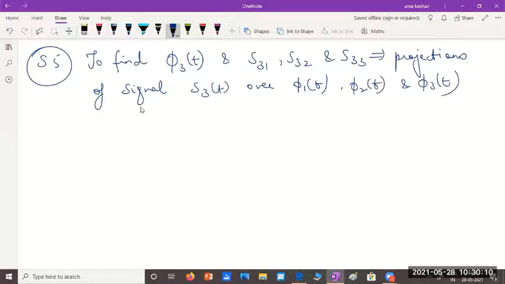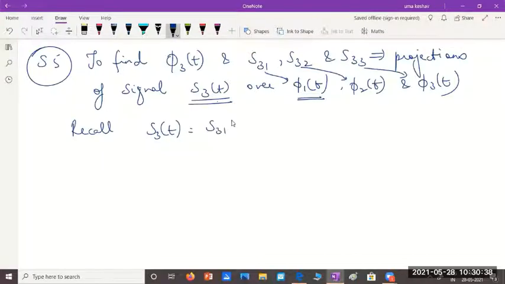So what is the projection of the signal S3 of t over the first orthonormal basis function, that is S31, S3 of t over second orthonormal basis function S32, and over the third orthonormal basis function, it is S33. So again recall what was the equation for S3 of t which we considered.